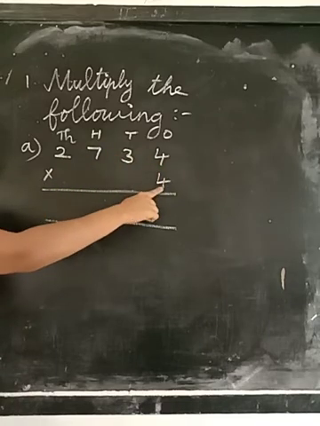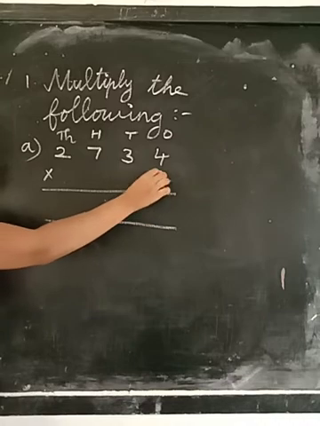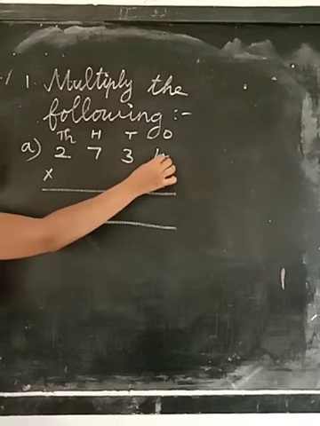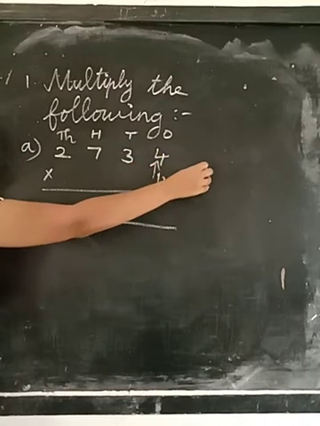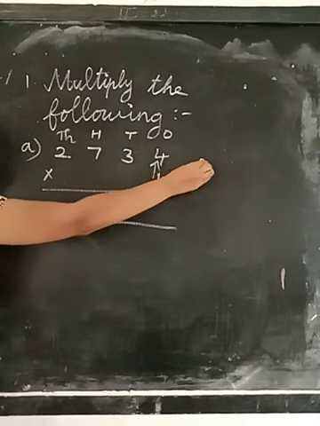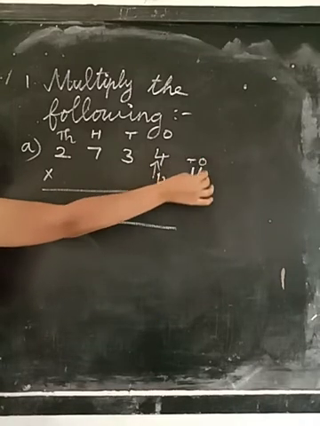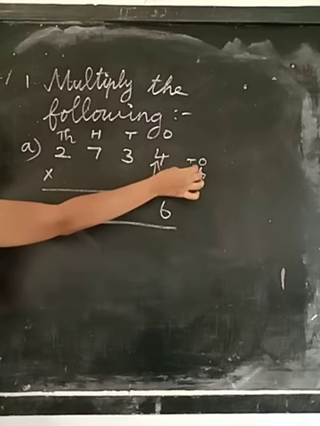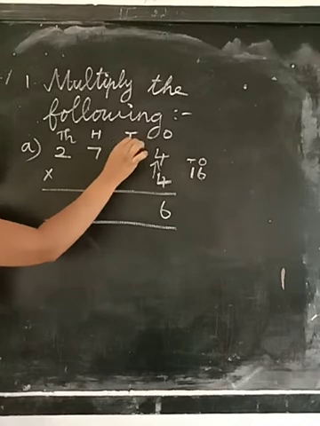See here, the number is 2734. It should be multiplied by the number 4, so we should use the fourth table. First we multiply the ones place number. 4 4s are 16. You are getting 2 digits, isn't it? In addition, if you get 2 digits, what do we do? We write the ones place number in the answer's place and the tens place number as the carryover.